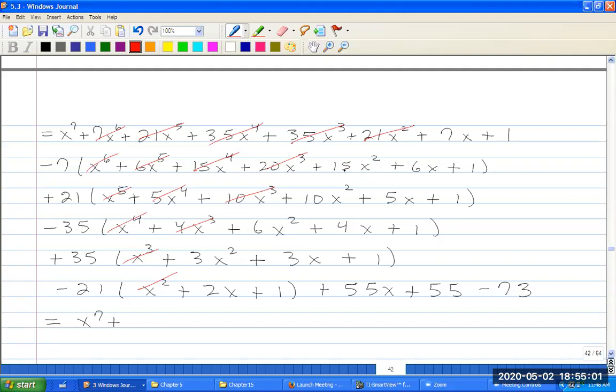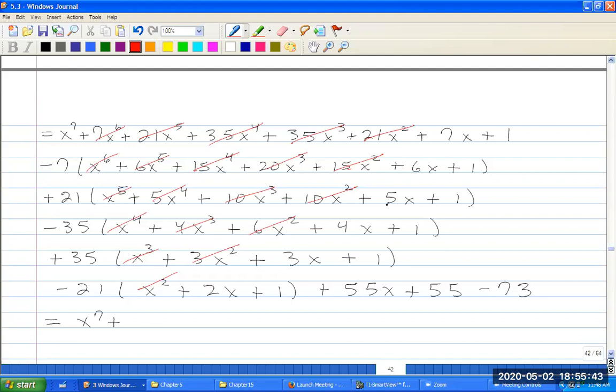So those cancel. Lastly, let's look at the x's. See if these guys cancel too. Okay, so I have 7. That's 105. And that's 4 times that, 120, 140.